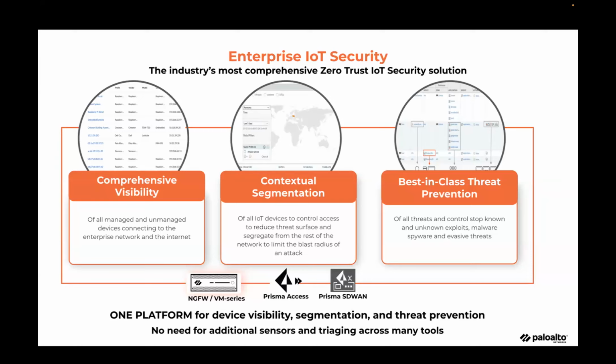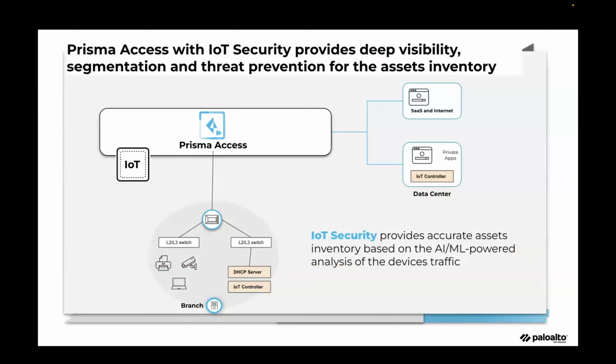That's the key. Once I know and discover things, then I can control, then I can apply threat prevention, etc. But talking about visibility, how do I get visibility when I merge IoT security and a SASE solution like our Prisma Access?